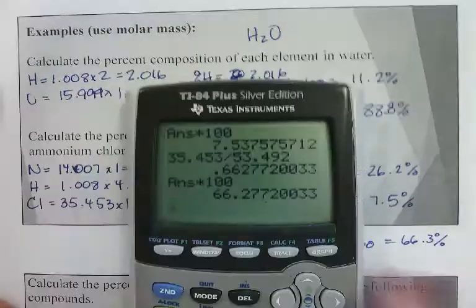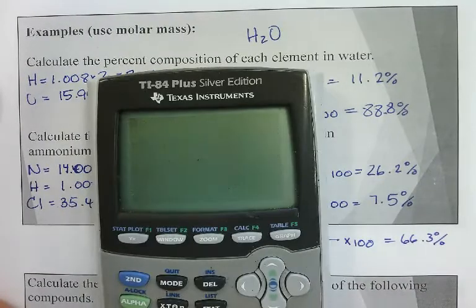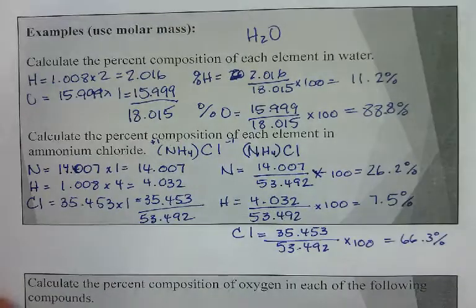So let's check our math here. We have our percentages over here: 26.2 plus 7.5 plus 66.3 gives me 100 even. So good, did a good job. Just an extra check on it.